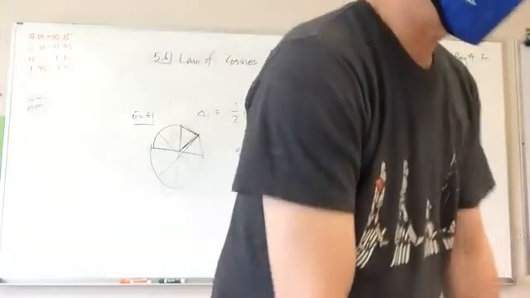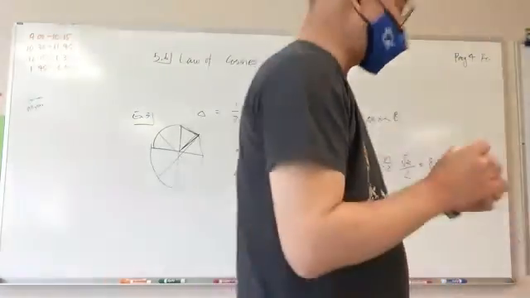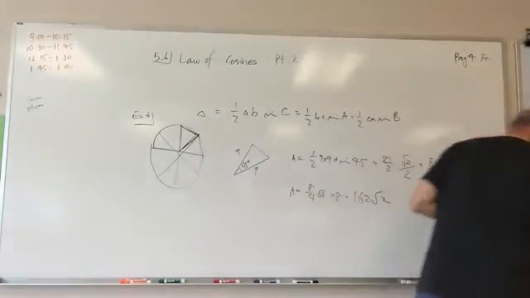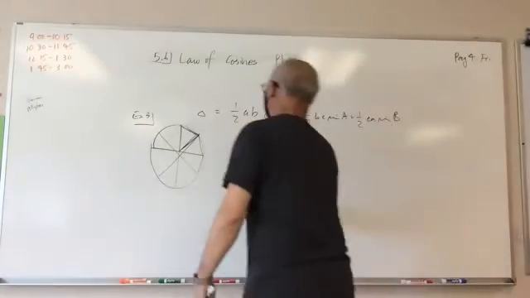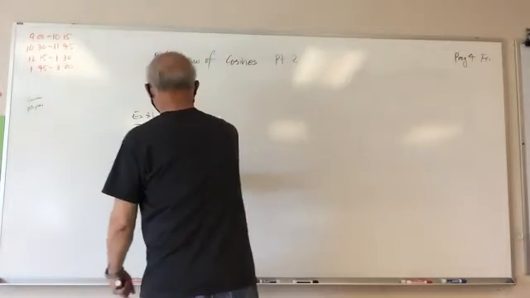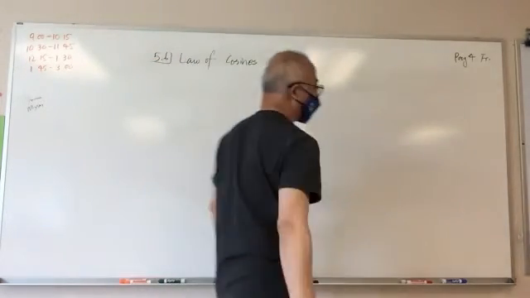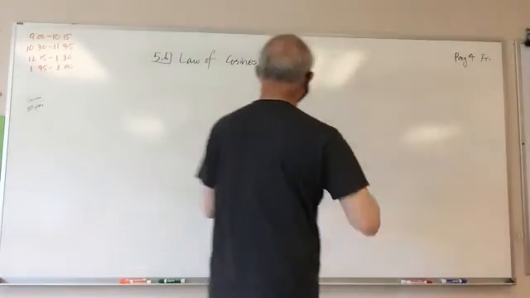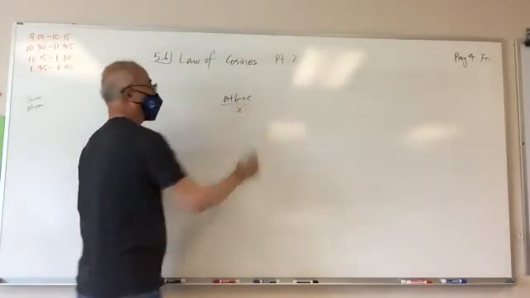Right. Heron's formula says, given a triangle that has sides of A, B, and C, you can also find the area using a concept called the semi-perimeter. The semi-perimeter is nothing more than the perimeter divided by 2.